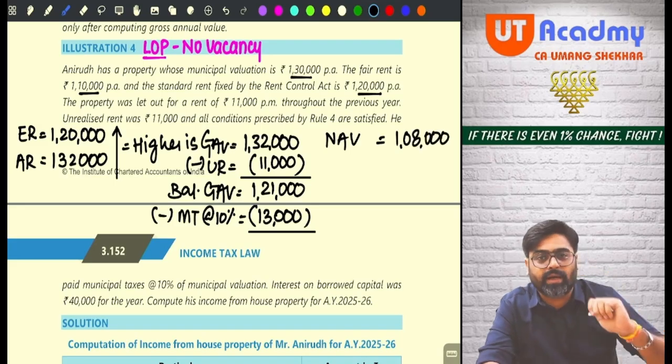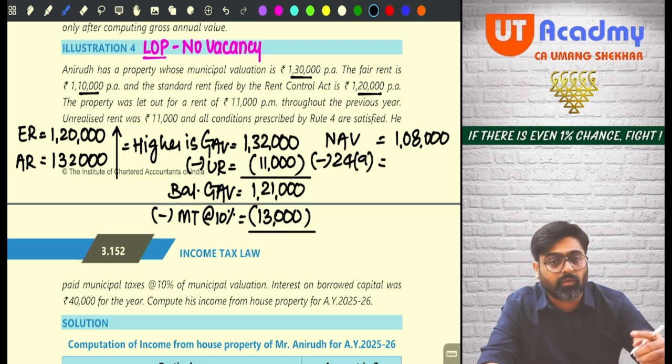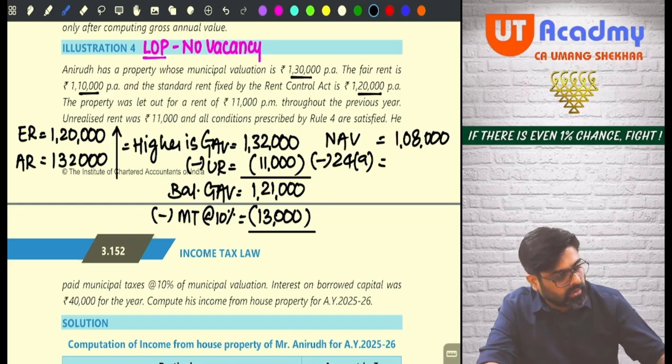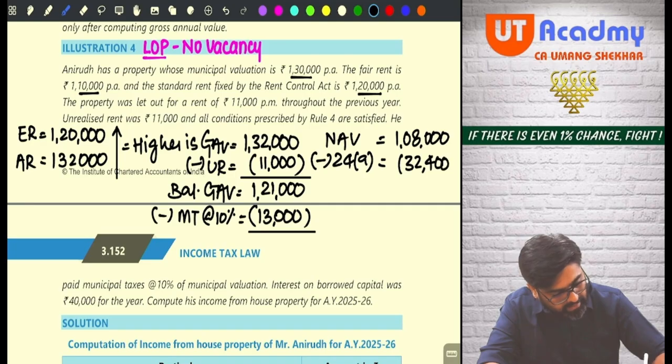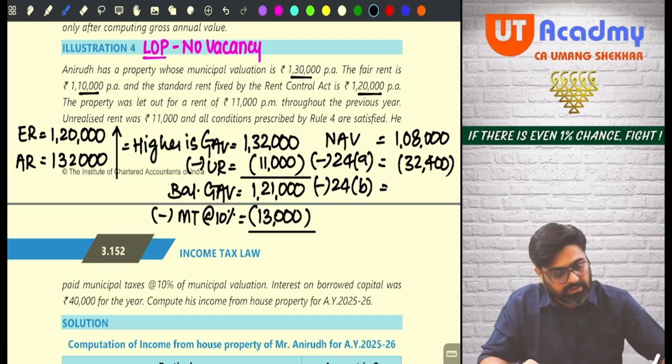Now I will get two deductions out of this. One is 24 clause A, standard deduction. Yes or no? 30% of 1,08,000. That amount will be 32,400. And another deduction I will get 24 clause B, interest on housing loan. Yes or no? How much is interest? 40,000, no?